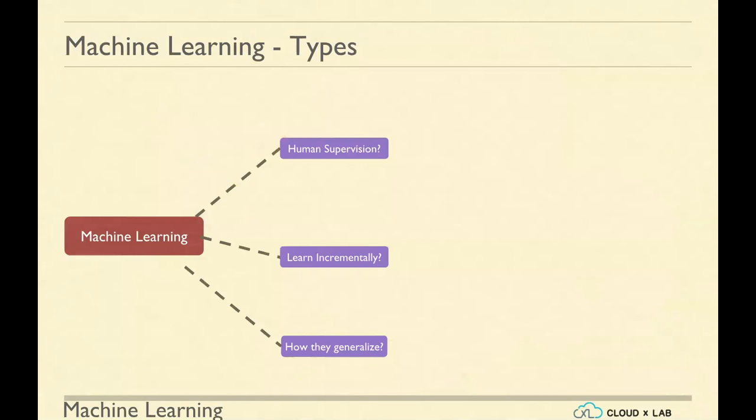Machine learning can be categorized based on whether supervision is required or not. The second criterion is whether it learns incrementally or not. The third one is how it generalizes. So these are three ways of categorizing machine learning.